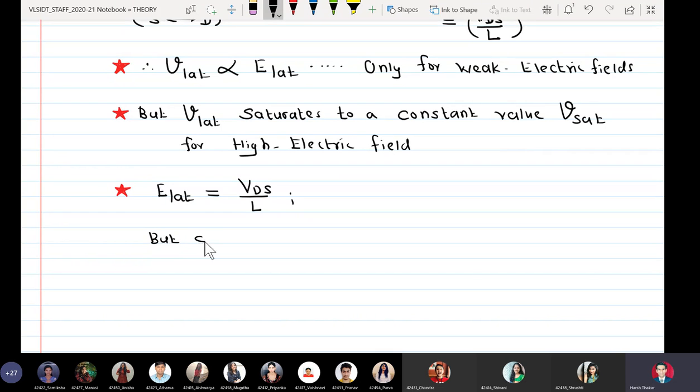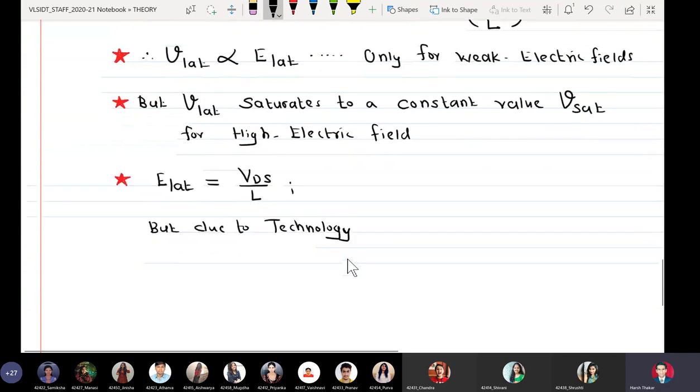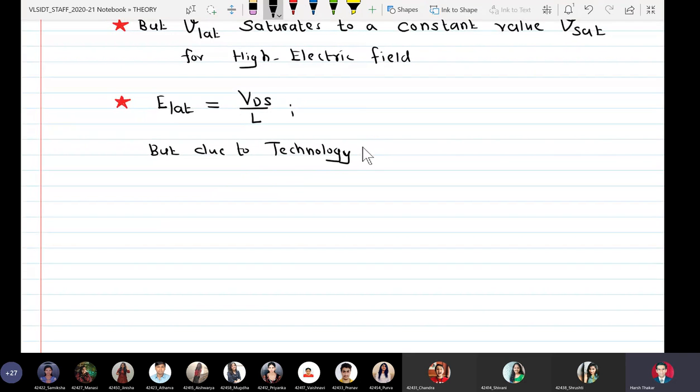but due to technology scaling, L goes on reducing, thereby increasing the value of E lat.